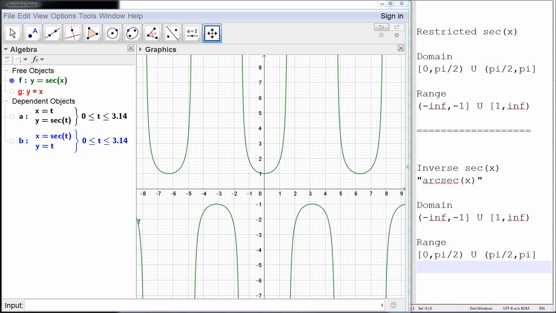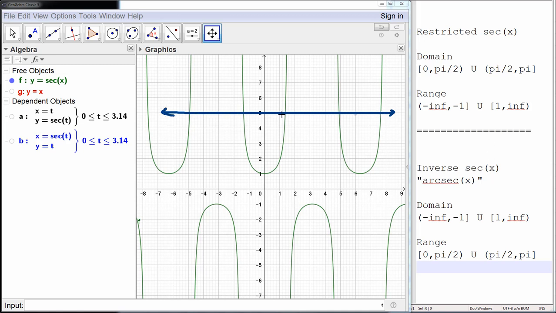So what we got here on Geogebra is the graph of the secant function. This is the good old secant function here. And obviously this function does not have an inverse. When you see this function, you should say it does not have an inverse because it fails the horizontal line test.